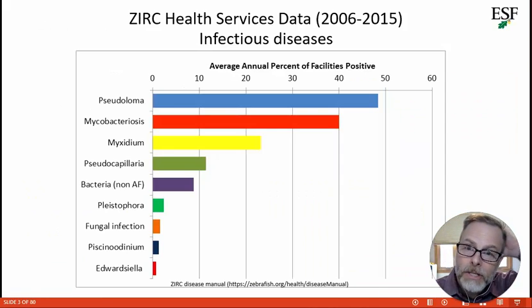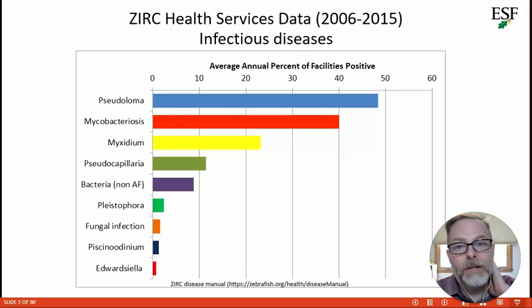So I like to show this slide. I made this several years ago. This is a summary of some of the data that's freely available from the Zebrafish International Resource Center and their health diagnostic services. And I just want to point out here, we've got the number of facilities positive for certain pathogens over this 10-year span.